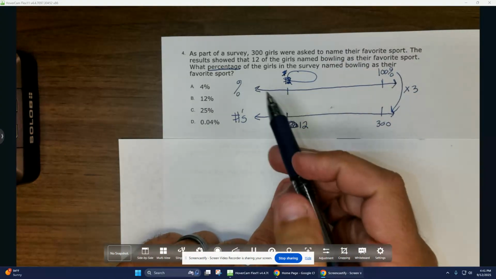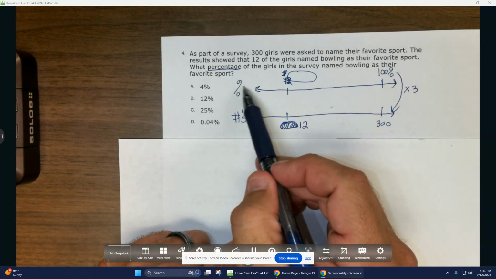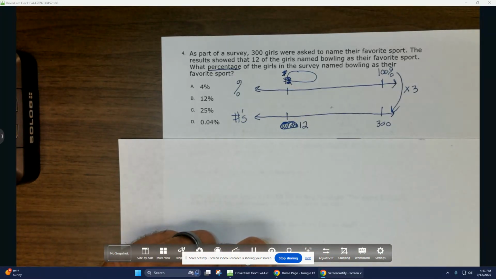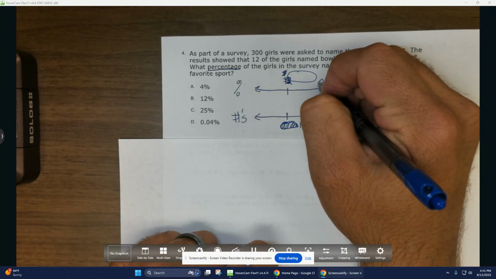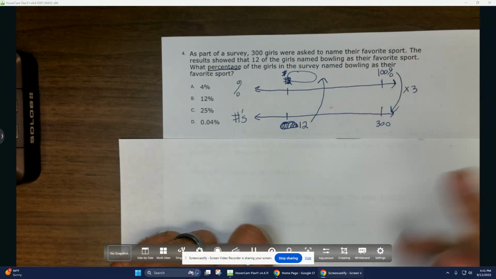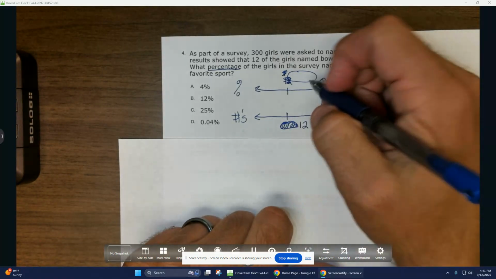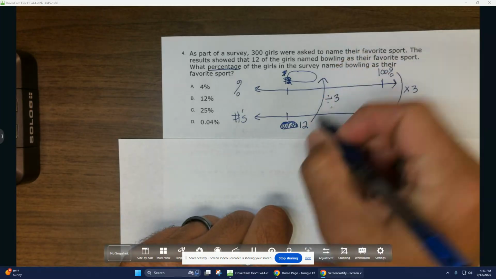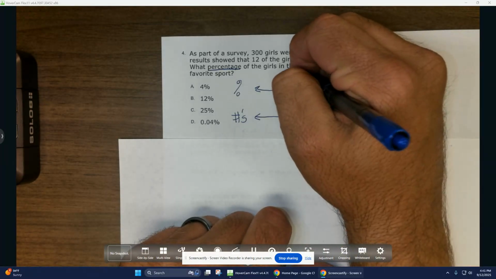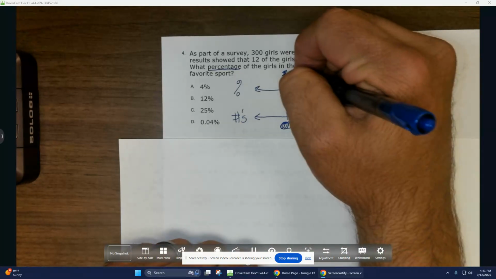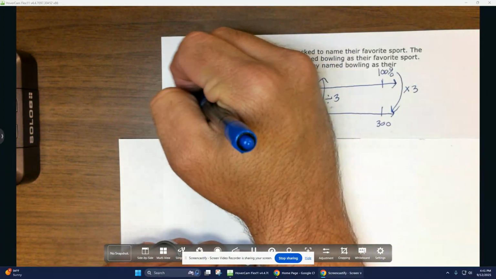I should slow down and read more carefully. I'm solving for the percent. Here's my percents. Okay, now look at your arrow. Your arrow is going in the opposite direction. See that? Opposite direction, opposite operation. 12 divided by 3 is 4. You get 4%.